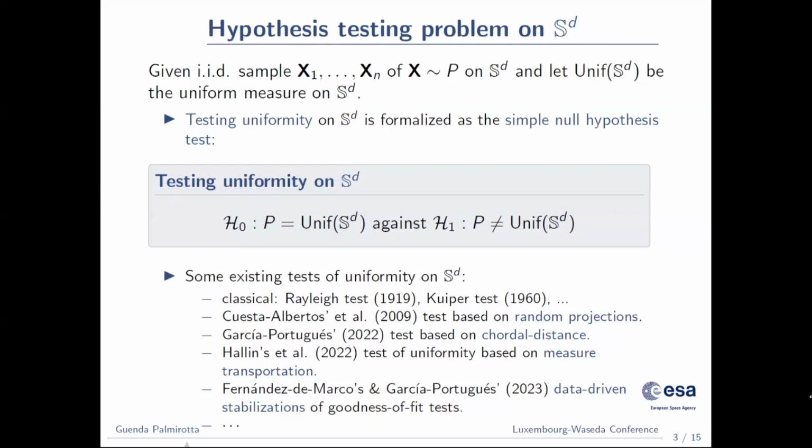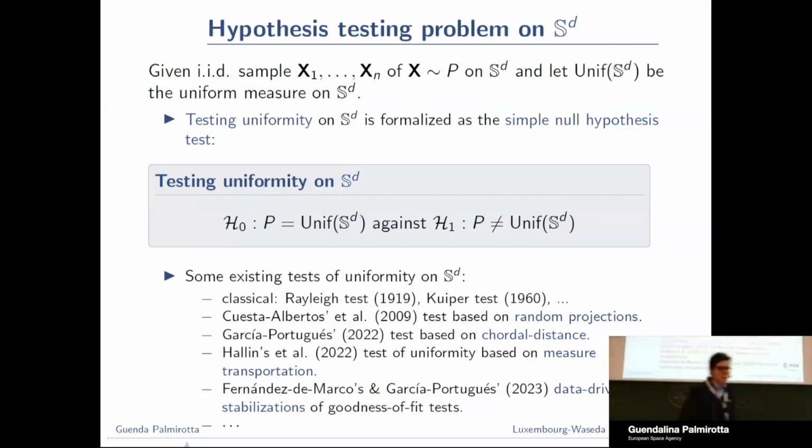Then one from Hallin and others, based on measure transportation, and one really recent, more particular one, a data-driven stabilization of goodness-of-fit tests. There are a lot of other tests. I only listed the uniformity tests that are used in space science applications.